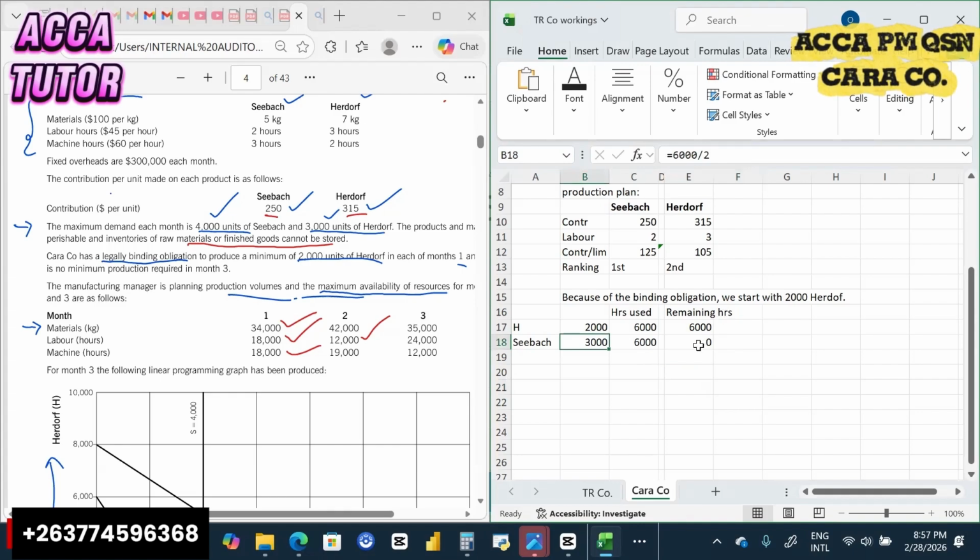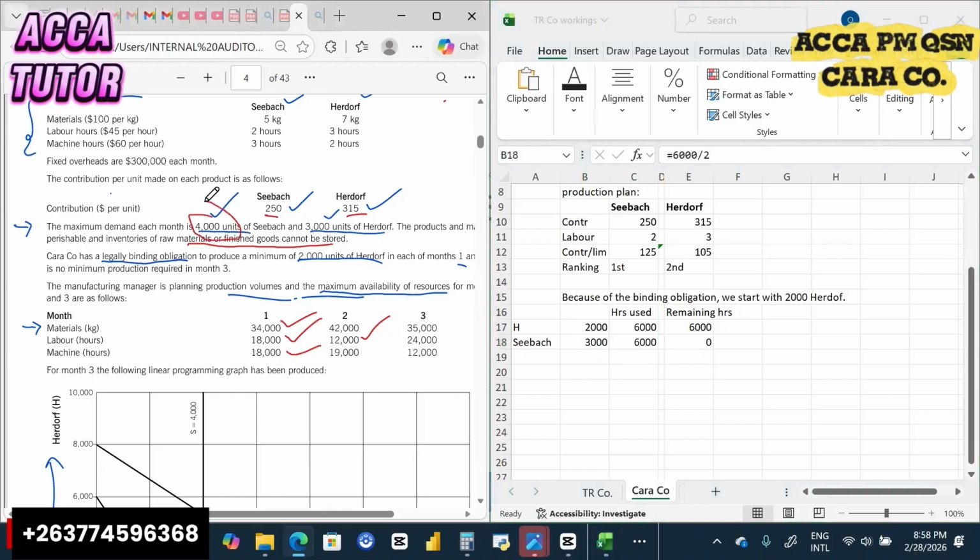Do reverse engineering, and first of all, we tried to just do it the normal way, but it showed us that the normal way gives us the self-checking mechanism, where the normal way was saying the C batch demand was the 4,000 here.